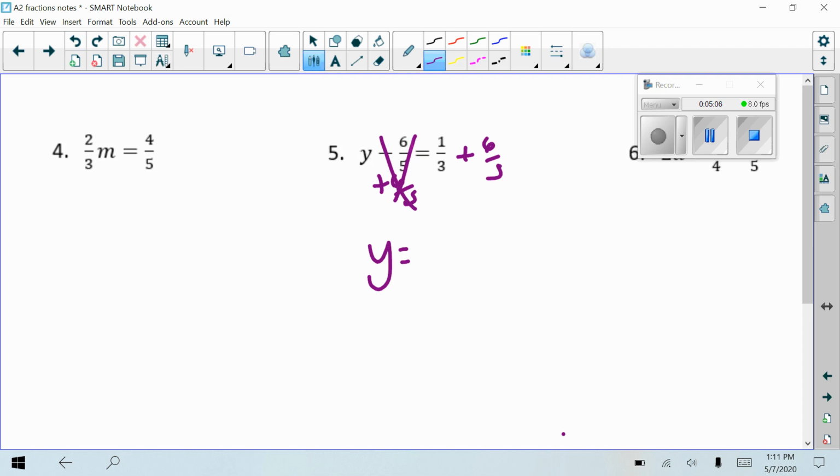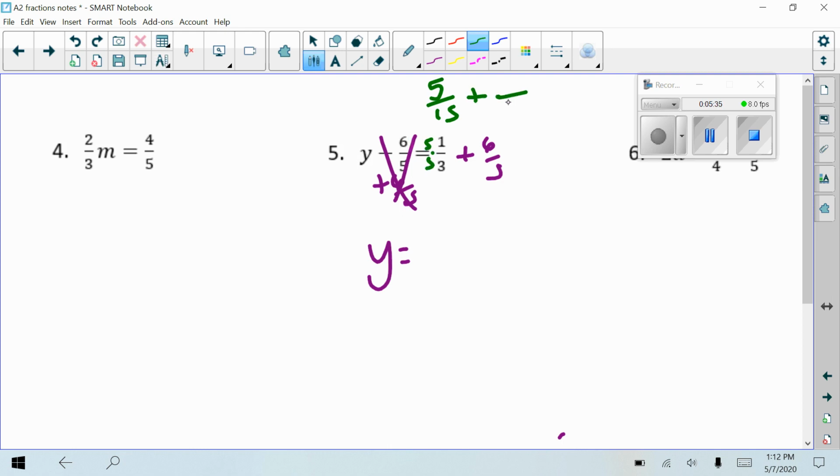So if this denominator is a 3 and this denominator is a 5, they could have a common denominator of 15. So if I turned 1/3 into a fraction with a 15 as a denominator, I would multiply by 5, that would give me 5/15.